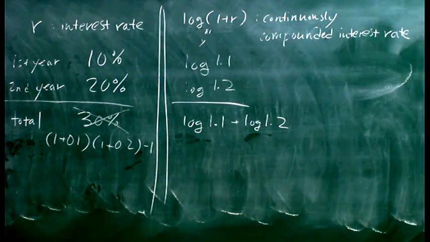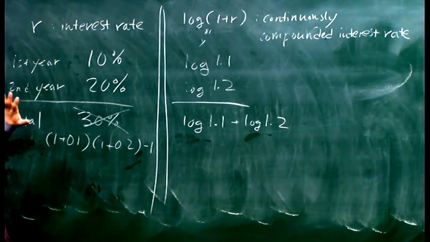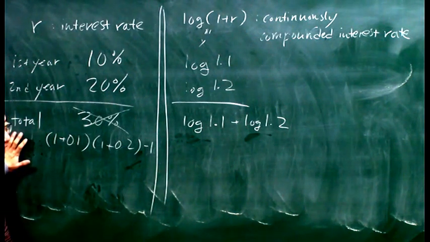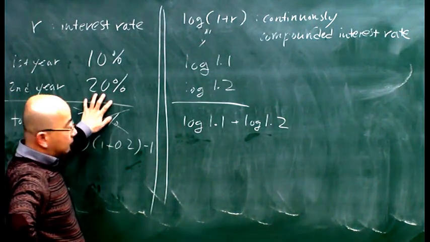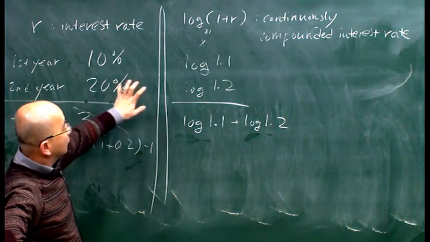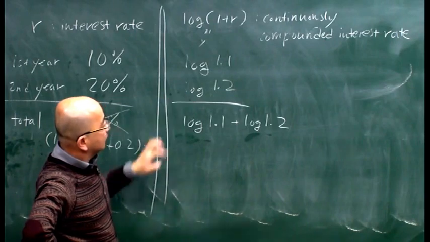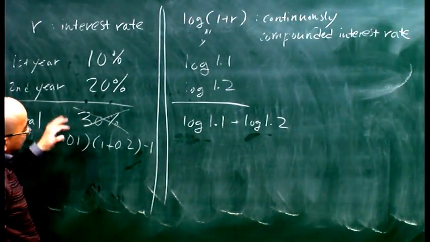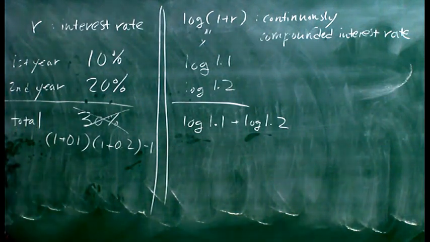Now, the one thing you have to be careful about when you work with the continuously compounded interest rate is, as you can see in this example, the situation is identical. When you work with the regular interest rate or with the continuously compounded interest rate, nothing changes. The underlying situation is identical.